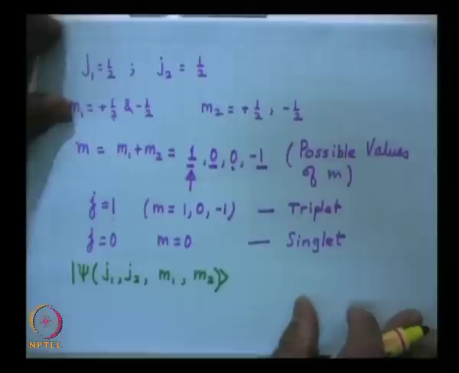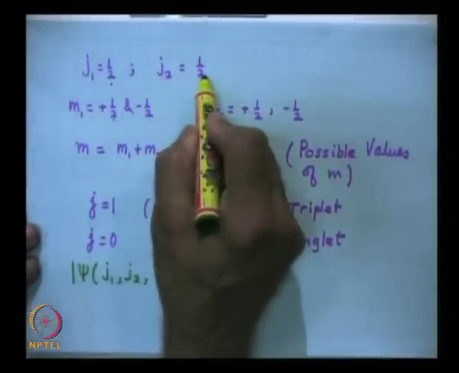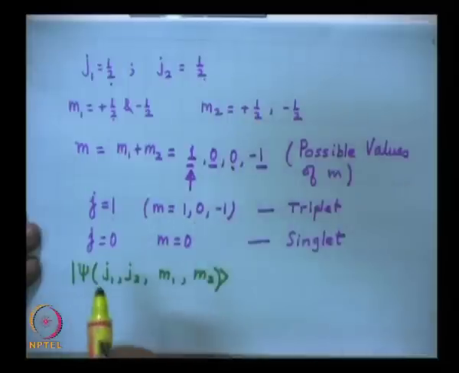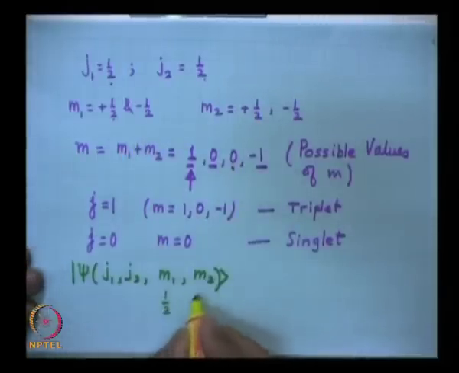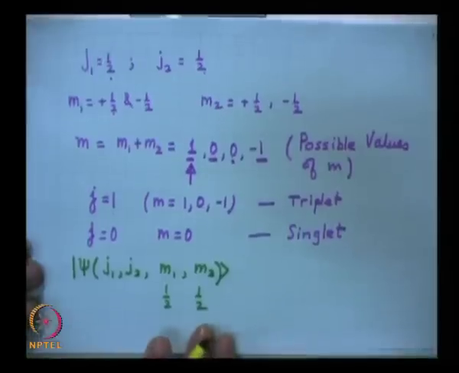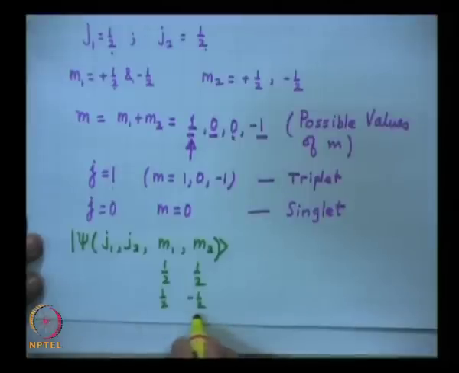So, let me write it down. So, J 1 is half and J 2 is half. Now, M 1 can take half, half, half, minus half, minus half, half, minus half, minus half.